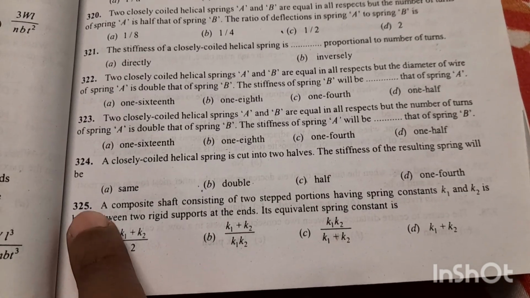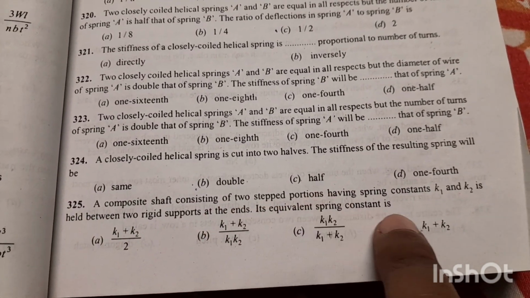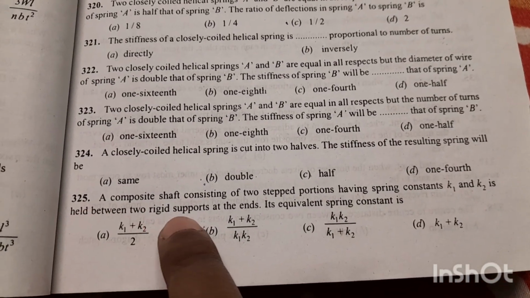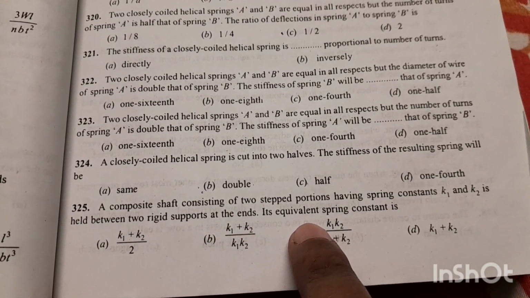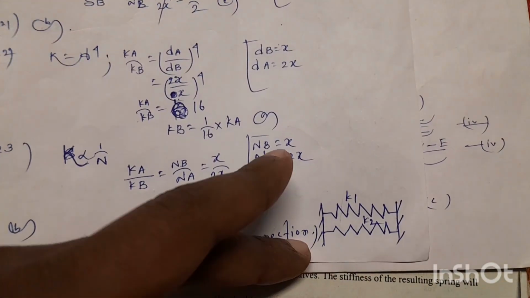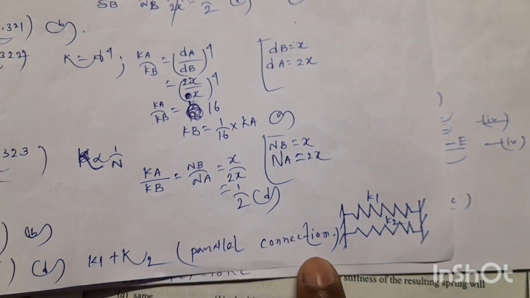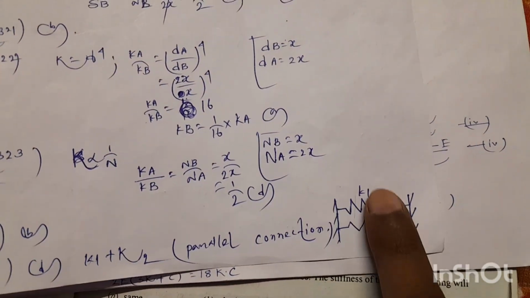Next question 325. A composite shaft consisting of two stepped portions having spring constant K1 and K2 is held between two rigid supports at the ends. Its equivalent spring constant is. Suppose a composite shaft consists of two stepped portions having spring constant K1 and K2 held between two rigid supports.